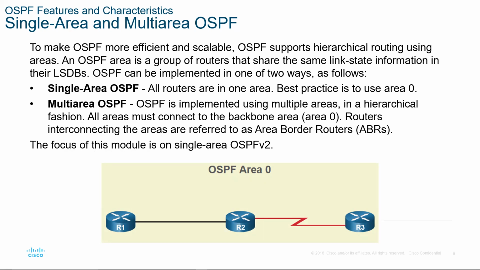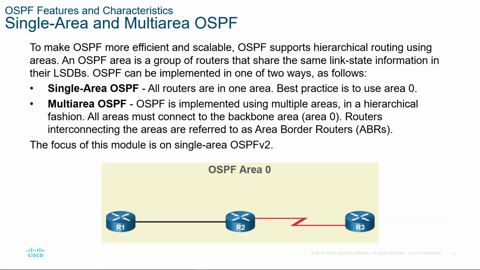And the boundary router, the one device that sits both in Area 0 and Area 10, for example, is known as an area border router. Now, these border routers are responsible for summarizing all the routes within Area 10 and injecting them into Area 0.